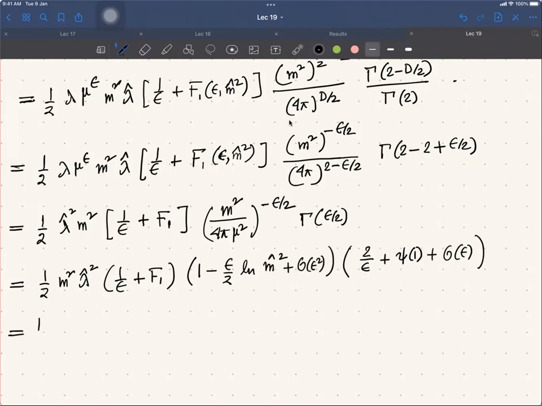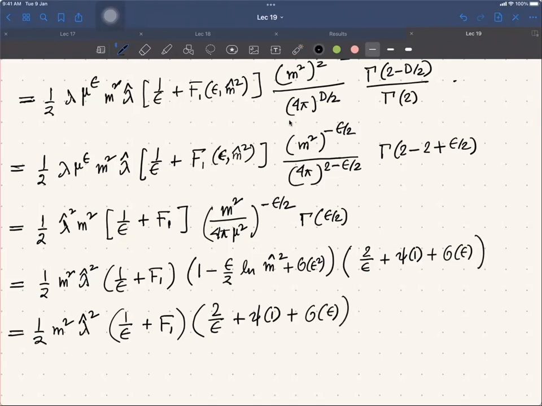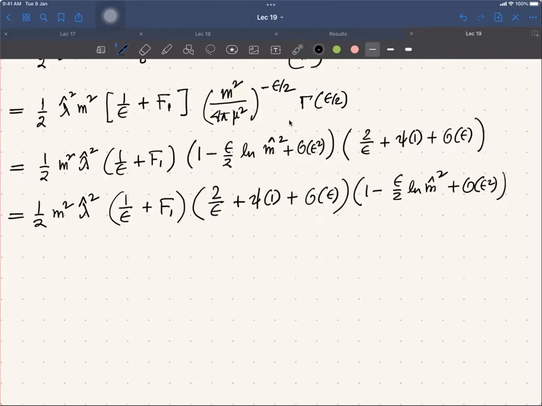So we can write it as (1 over epsilon plus f1) times (2 over epsilon plus psi 1). So the maximum pole is 1 over epsilon square, because it has 1 over epsilon in 2 terms.